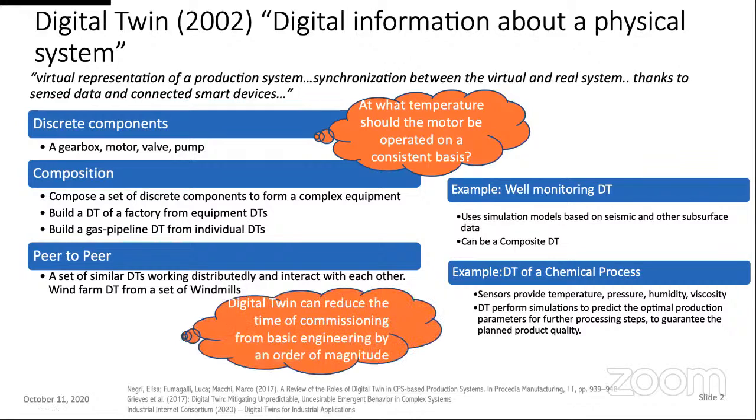And people have been showing a lot of interest, as I said earlier, and some of these industrial reports suggest that from basic engineering of any plant or design, from the design to actual commissioning, that time can be significantly cut if digital twin based analysis is used, because a lot of testing, verification, and what-if analysis can be done using this, and then the time can be really reduced.